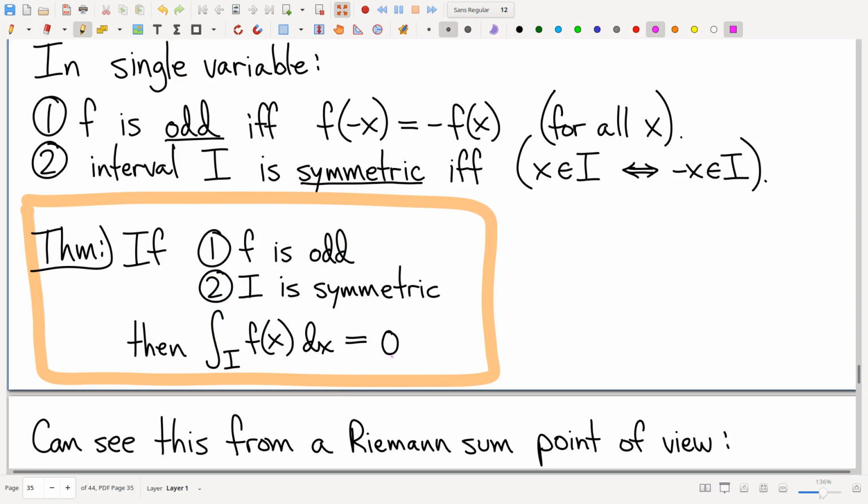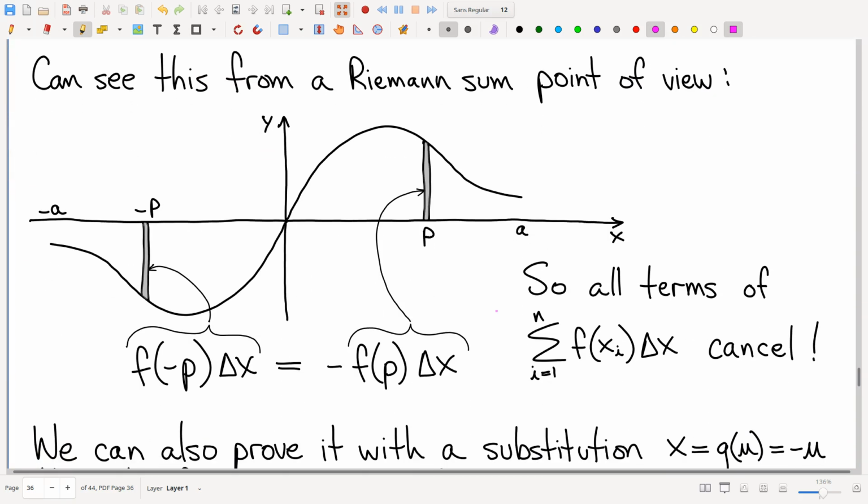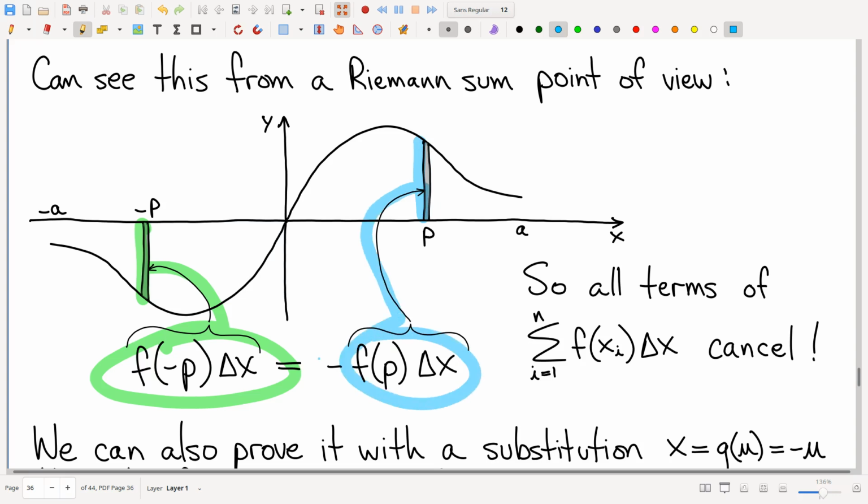Okay, now why does this work? Here's a Riemann sum argument. The big idea is if you look at the terms in the Riemann sum, this term here at the reflected point and this term here at the pre-reflected point, these are negatives of each other, and they're negatives of each other because of the oddness.